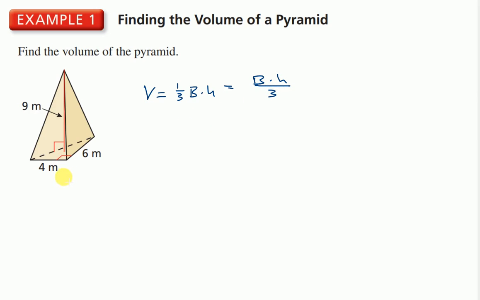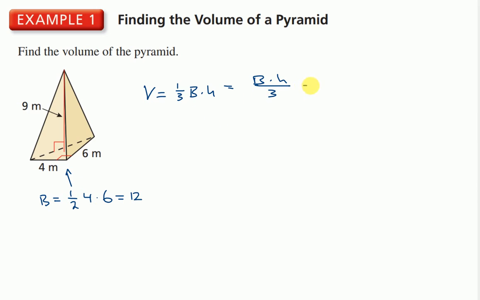The base here is a triangle, so that's 1/2 base times height. It's confusing here: base times height of a triangle, and base times height of the pyramid. This is the base area. It's half of 4, which is 2, times 6 is 12. So that is the base of the pyramid.